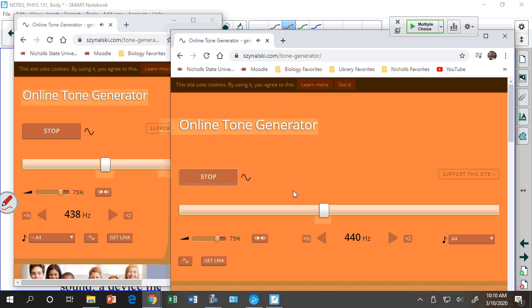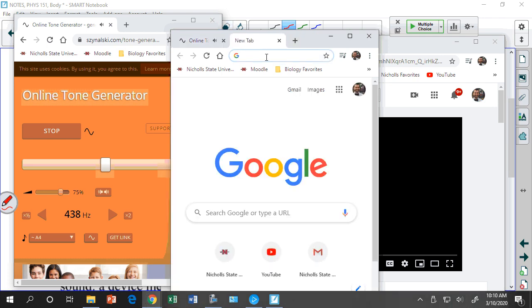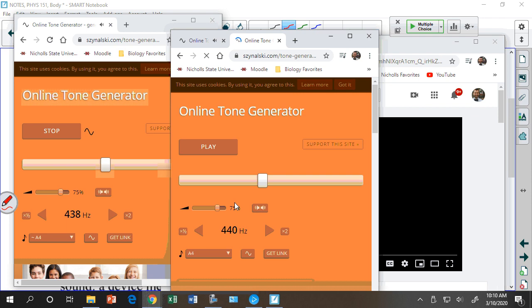So now that's the 438 and the 440 together. I can add another tone. If you add a whole bunch of different frequencies, and a musical instrument has a lot of different frequencies, even at a single note, it'll make a more complex and rich tone.